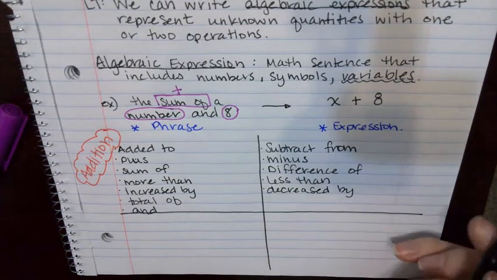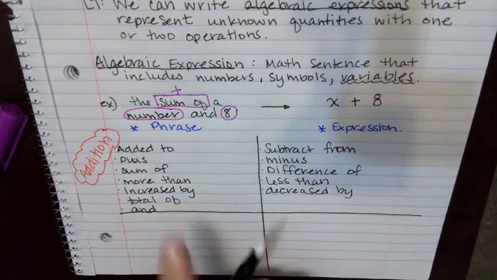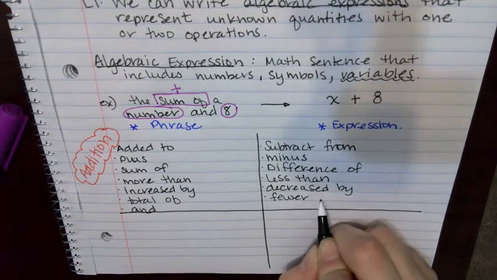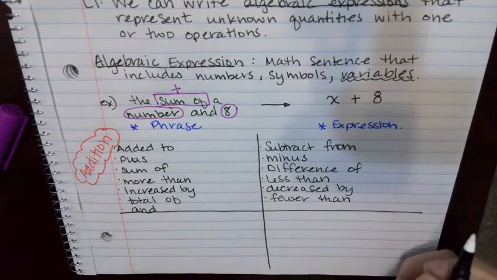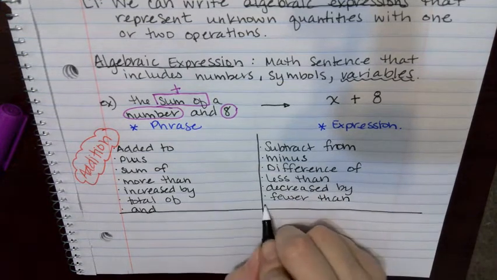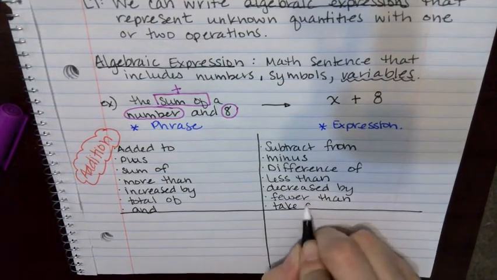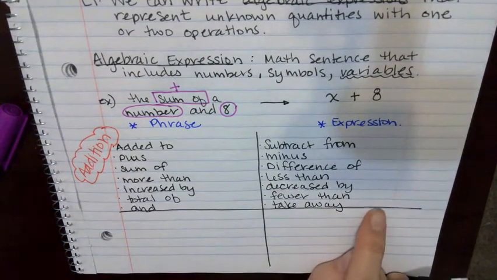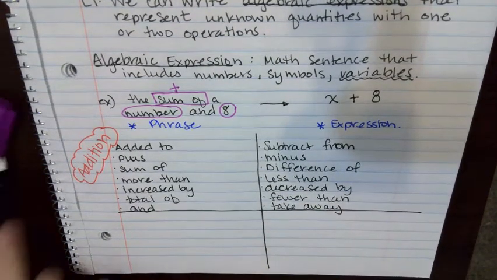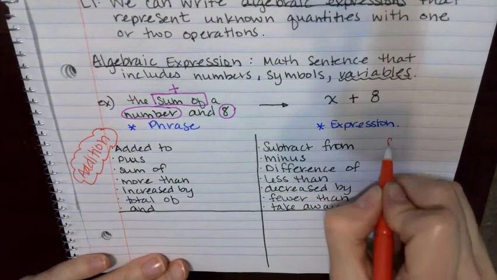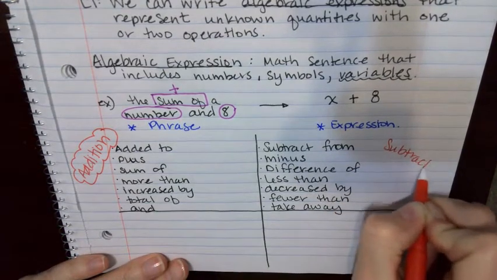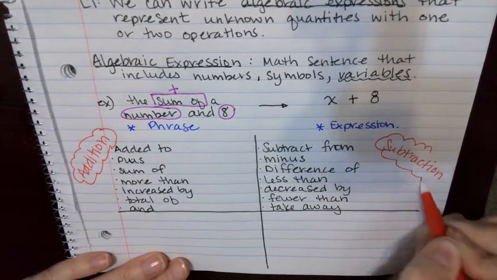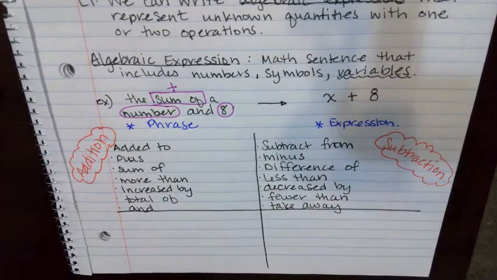Instead of total of, when you're subtracting, you could say fewer than. And another one that a lot of people like to use is take away. So 6 take away a number x. These are going to be your subtraction operation words.